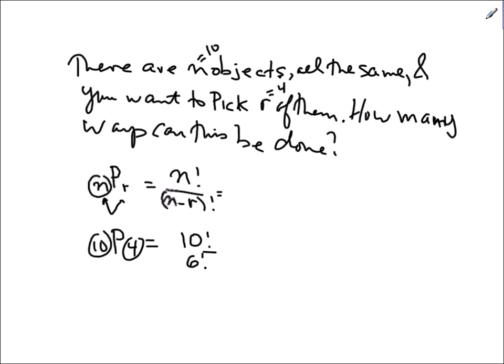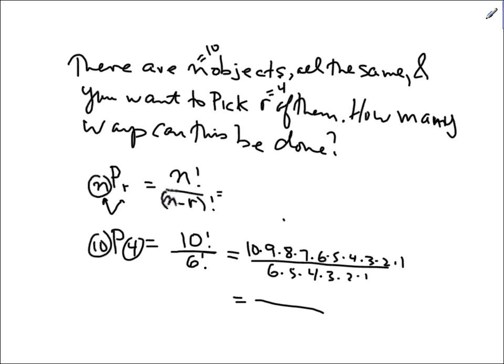And to show you that this somewhat makes sense, this means 10 times 9 times 8 times 7 times 6 times 5 times 4 times 3 times 2 times 1, divided by 6 times 5 times 4 times 3 times 2 times 1.